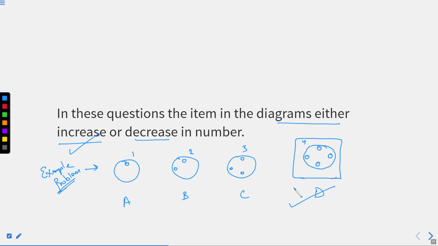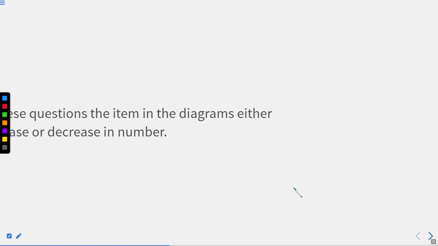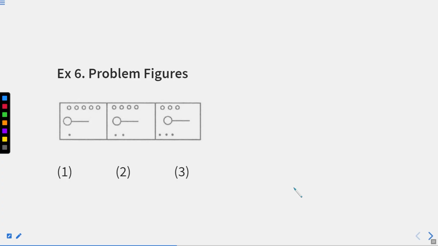Now we are directly starting with the questions of this kind, right? Here you can see. Our approach will remain the same for these kinds of questions as well, right? So first we will figure out: figure number 1 is a dot, figure number 2 is a circle followed by a line, figure number 3 is a smaller circle. Now what do we need to check?